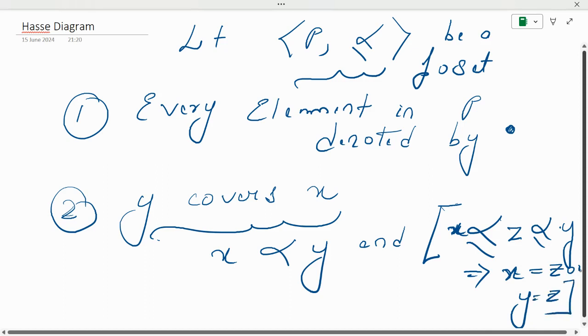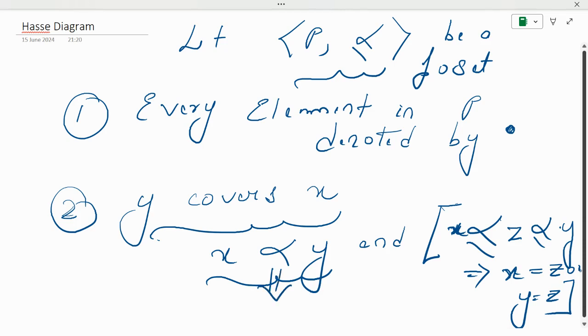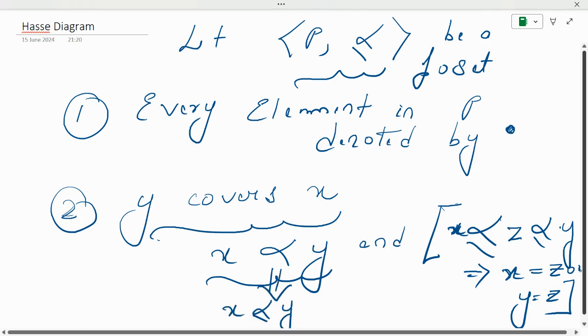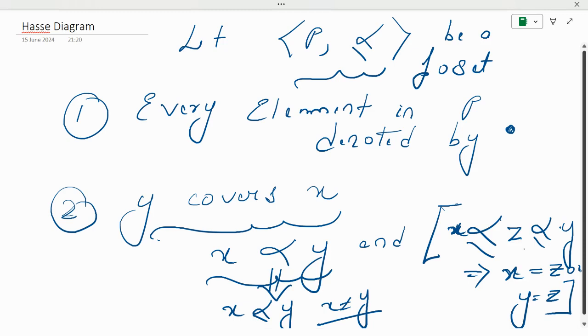First of all, x has a partially ordered relationship with y, and x is not equal to y, and there does not exist any z such that x has a partial relationship with z, and z has a partial relationship with y. So there does not exist anything in between. So this means y covers x.